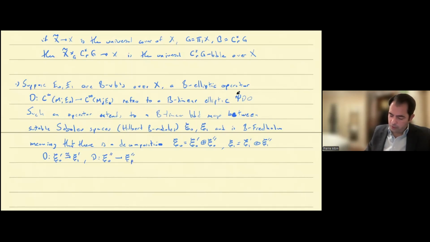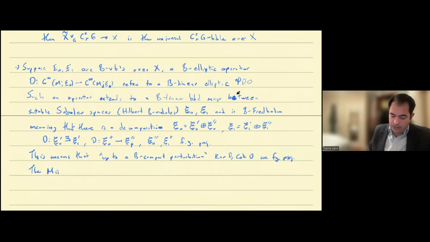This first one is an isomorphism, and these other two are finitely generated projective. This means that up to B compact perturbation, the kernel of D and co-kernel of D are finitely generated projective.